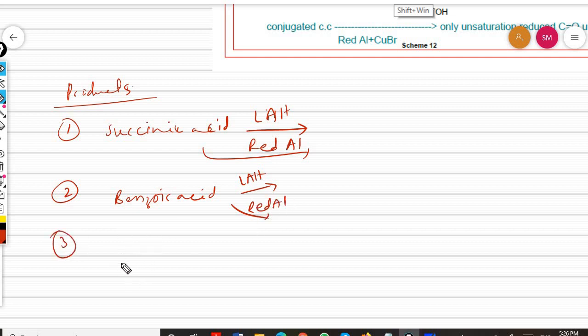Number 3: benzoate with lithium aluminum hydride and lithium aluminum tertiary butoxy hydride.